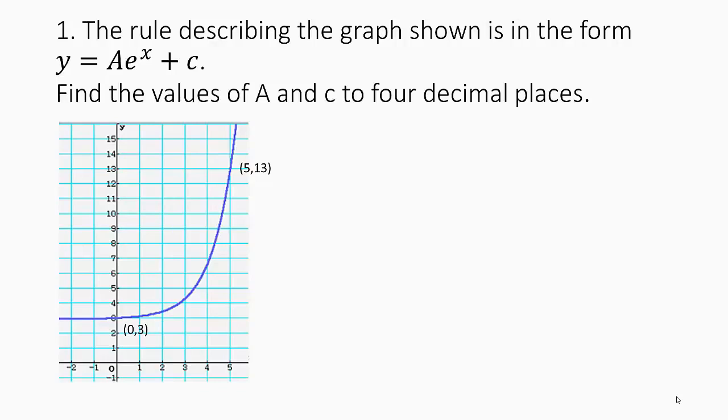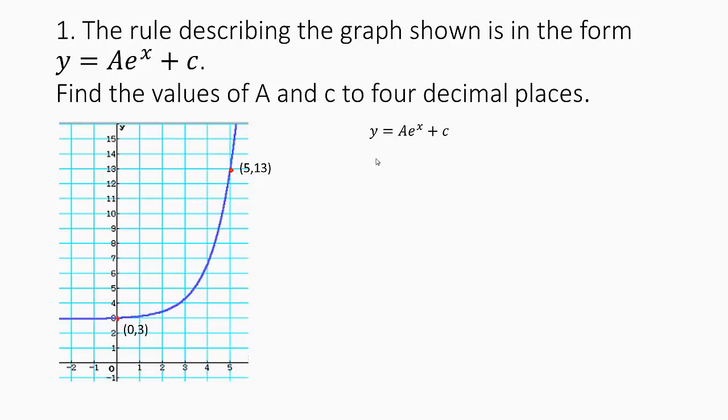So you look at the graph here and you can see they've given us 2 points. This point here, x equals 5, y equals 13, and this point here when x equals 0, y equals 3.